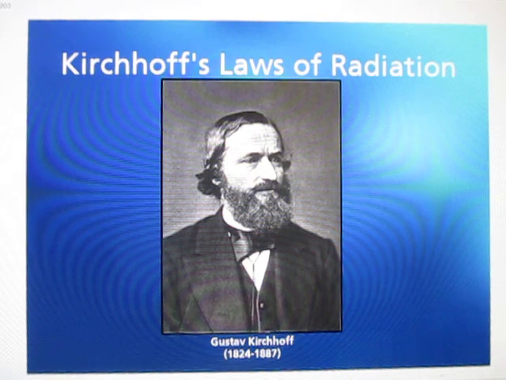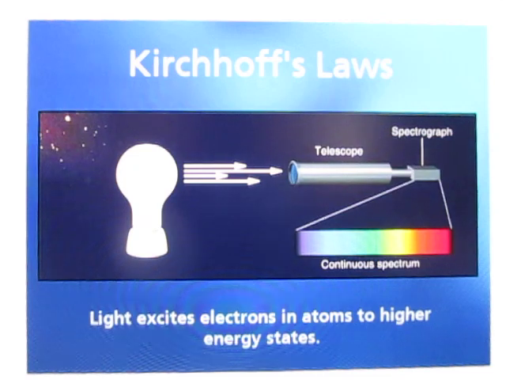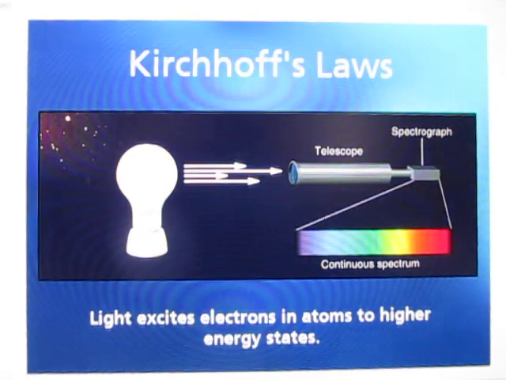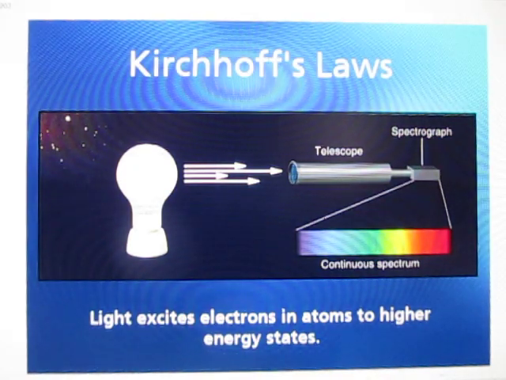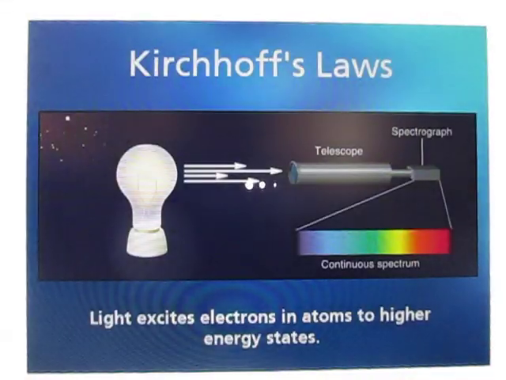The basic principles of spectroscopy are known as Kirchhoff's laws of radiation. A solid, liquid, or dense gas excited to emit light will radiate at all wavelengths and thus produce a continuous spectrum. Emission spectrum, continuous spectrum, absorption spectrum.